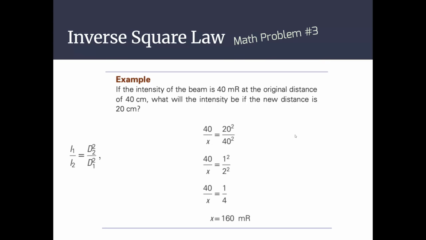Same thing with the milliroentgens. It won't be like this in your homework or in the test, but if I said 40 milliroentgens and asked for the new intensity in Rankins, you would have to do a conversion, which we will not ask you. But I want you to know conceptually that you do have to be consistent.